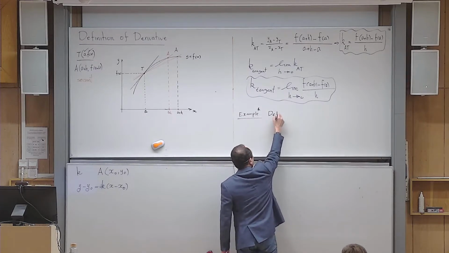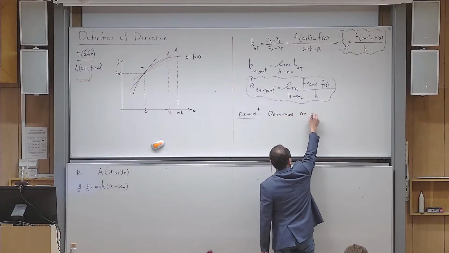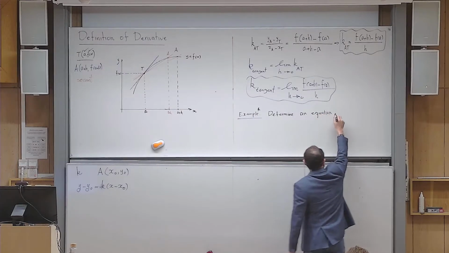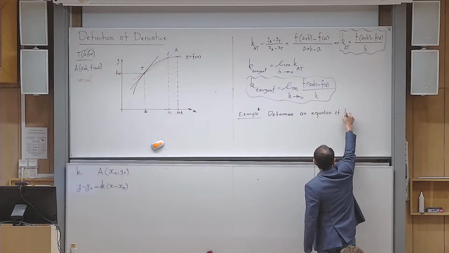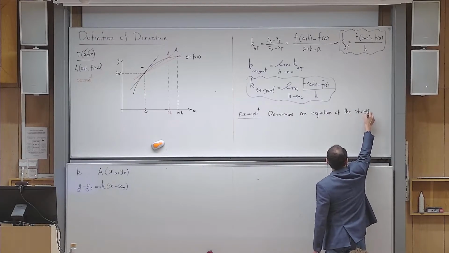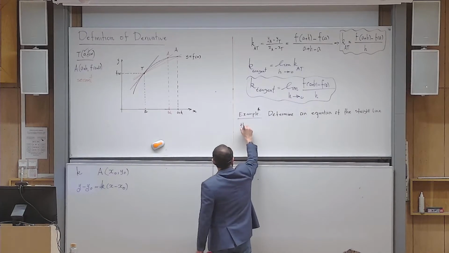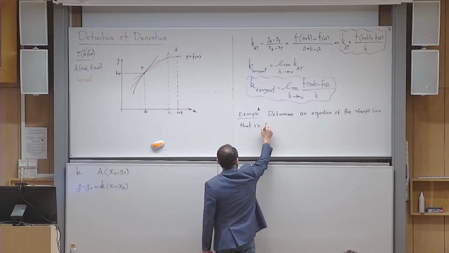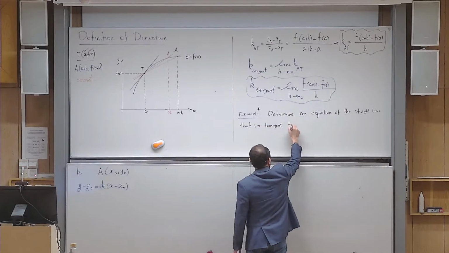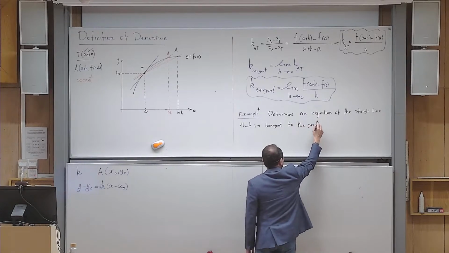So determine an equation of the straight line that is tangent to the graph of the function.